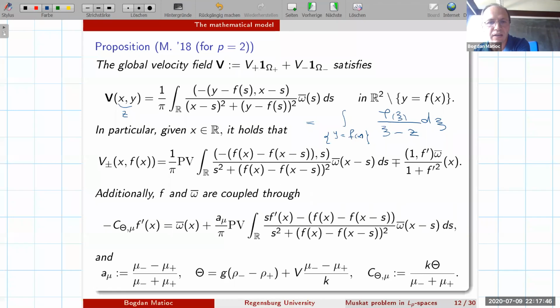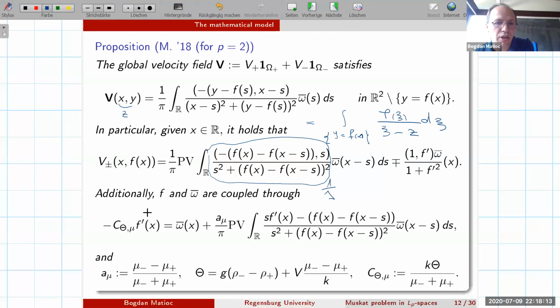So this kernel here behaves like 1 over s. So we have a singular integral, and then we have a jump of the velocity in tangential direction. In normal direction, the velocity is continuous, but in tangential direction, we have a jump which is defined by this term.